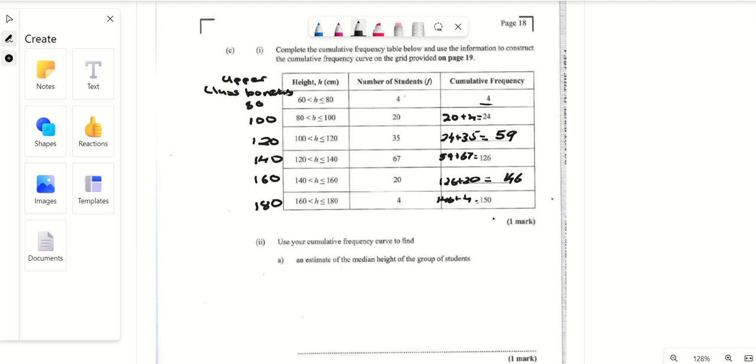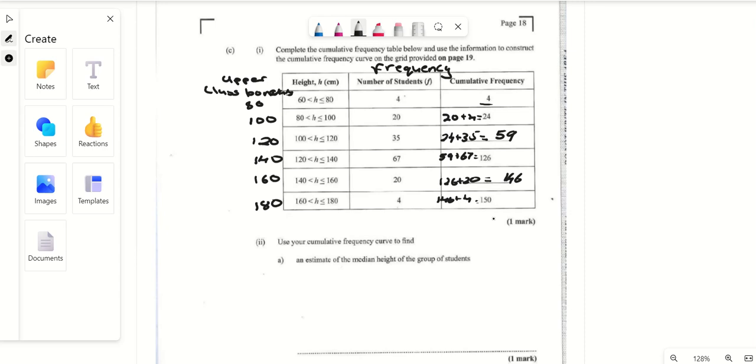If we're looking at my cumulative frequency and number of students, F is actually my frequency. F stands for frequency, okay? So my cumulative frequency is calculated by adding my first cumulative frequency plus my frequency.